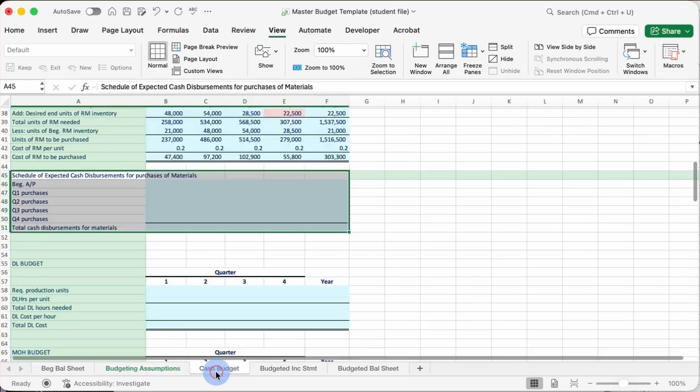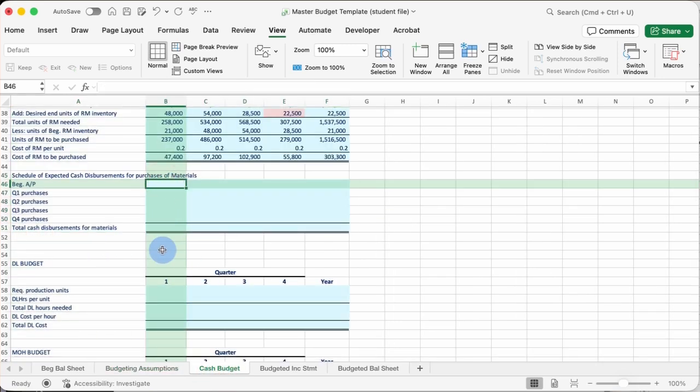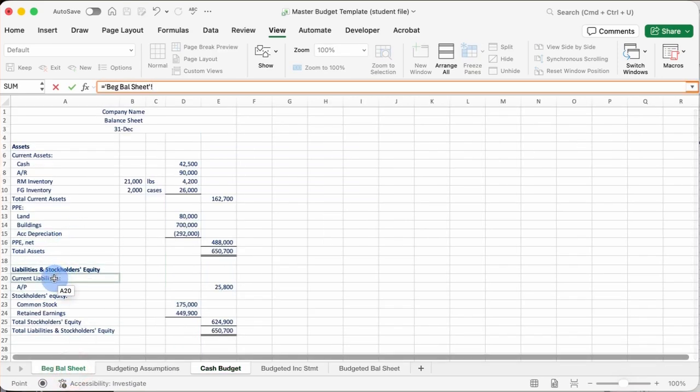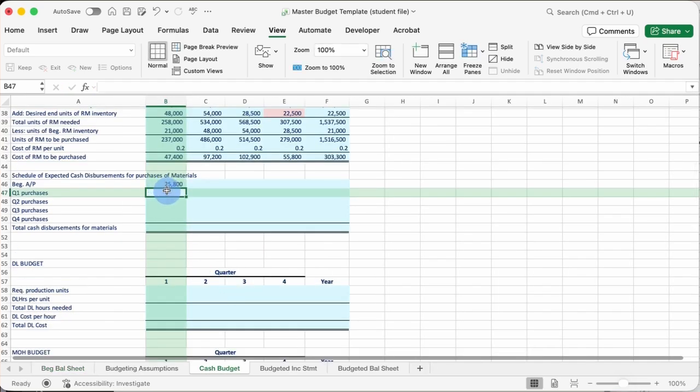So if we come here, beginning accounts payable is going to come from our beginning balance sheet. And we have accounts payable of 25,800. So that is what we ended the year with and what we're going to have to pay in Q1. And then besides that, we're going to have to also pay 50% of what we purchased this quarter.